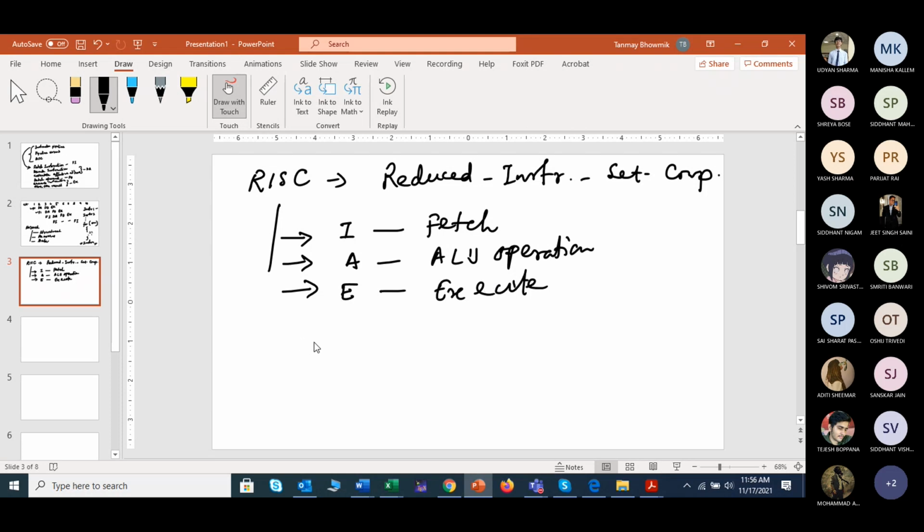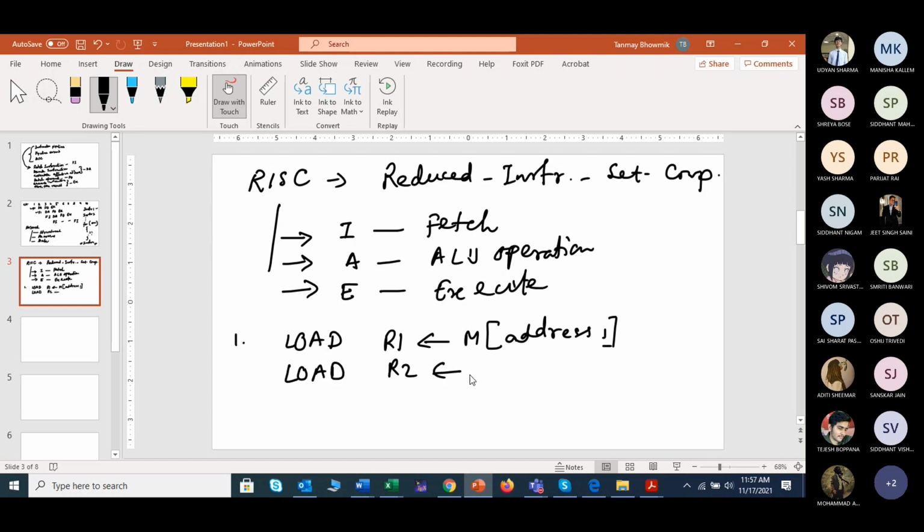So first let us consider this example, like 4 instructions we can consider. What kind of 4 instructions? Say load R1, memory address 1. Then again load R2, memory address 2.